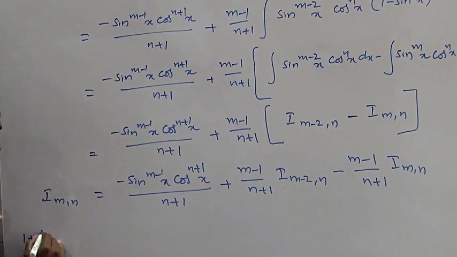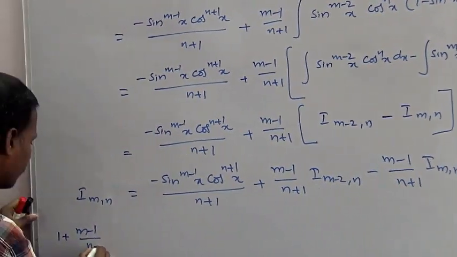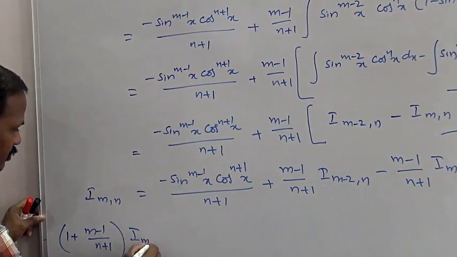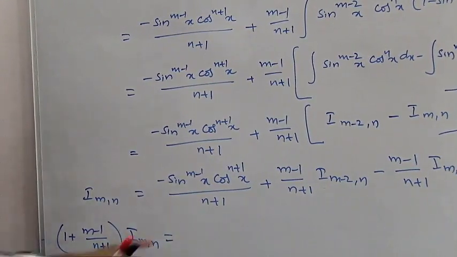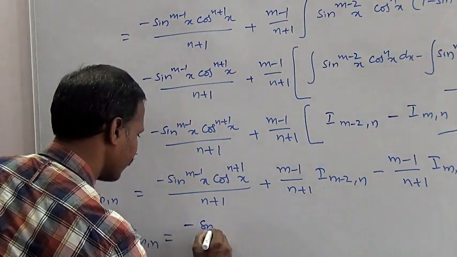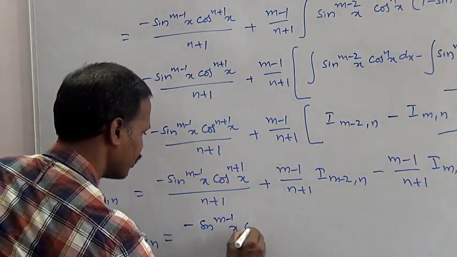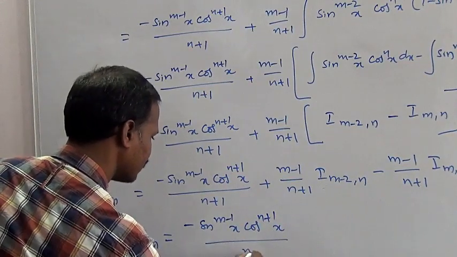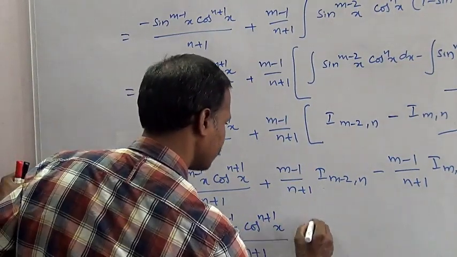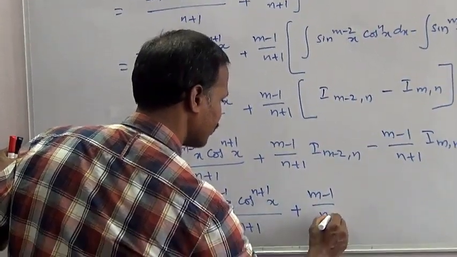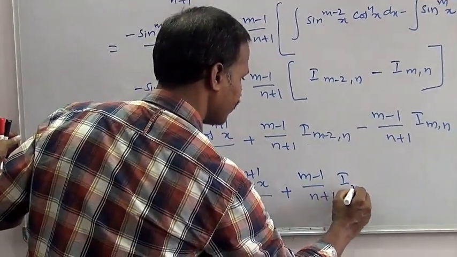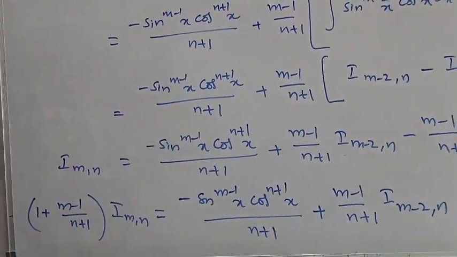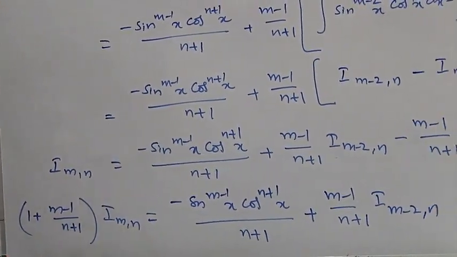1 plus m minus 1 by n plus 1 into I(m, n) equal to minus sin power m minus 1 x cos power n plus 1 x by n plus 1, plus m minus 1 by n plus 1 I(m minus 2, n). Clear? Now what is this value?